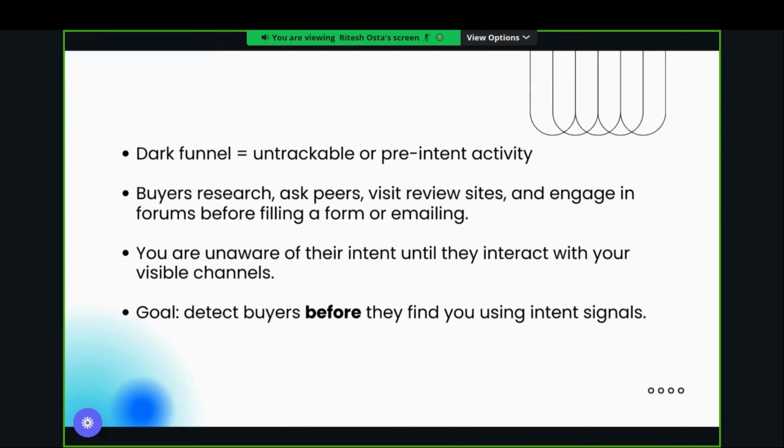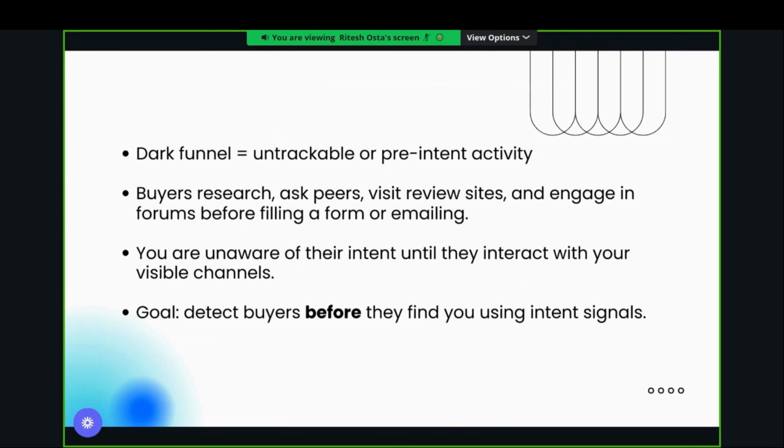So buyers research in various ways. They ask peers, visit review sites, and engage in forums before trying to find you and start filling up the form. You are unaware of their intent until they interact with your visible chat, right? So their journey starts way before they interact with you.